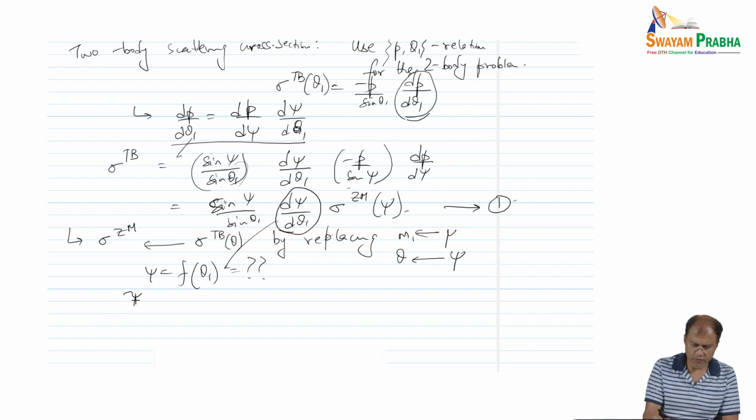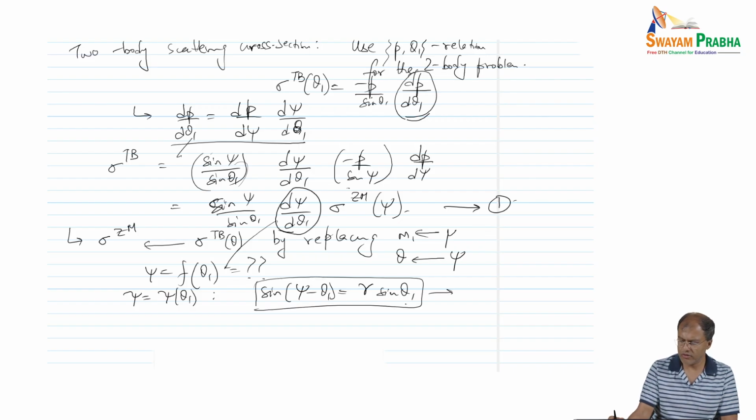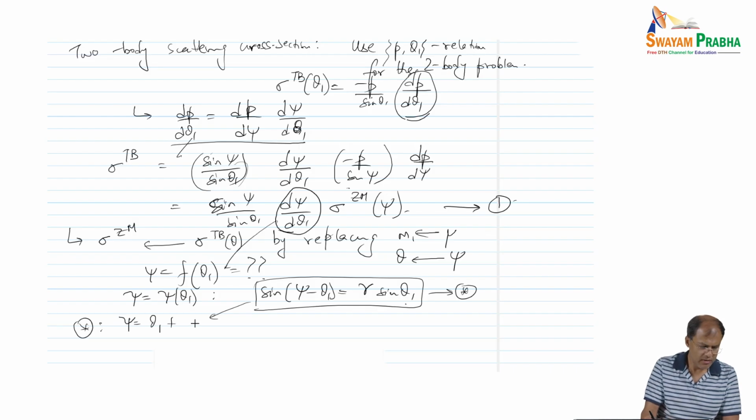So to find psi as a function of theta 1, we see that sine of psi minus theta 1 can be written as gamma times sine theta 1, and so from here I can invert this relation. Let me call this relation star. I can invert this, and I see that psi is theta 1 plus sine inverse of gamma sine theta 1, right?